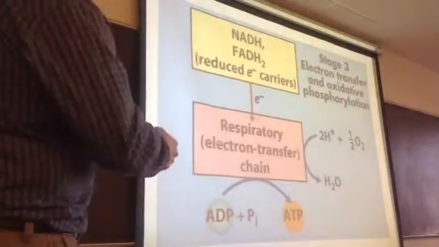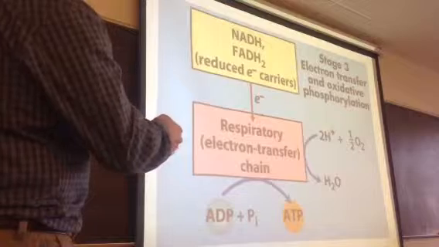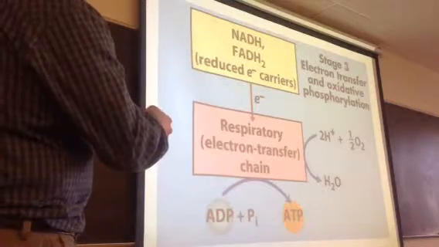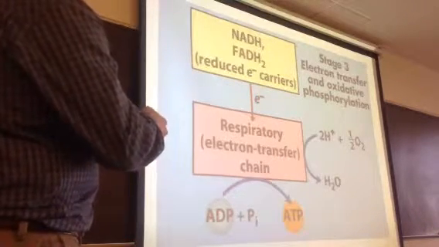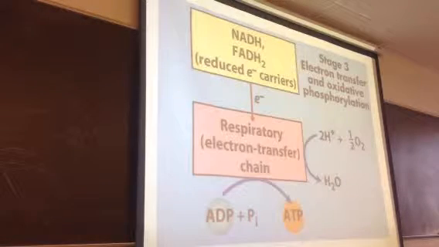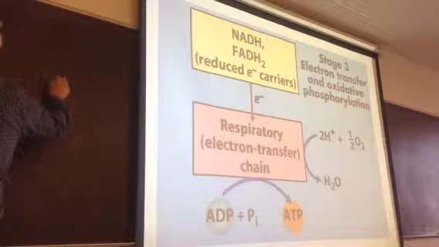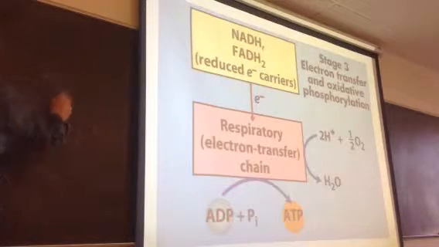And then in the last step of this process, those electrons are donated to the electron transfer chain that's incorporated into these internal membranes, the electron transport chain. It's all throughout the inner membrane of the mitochondria.